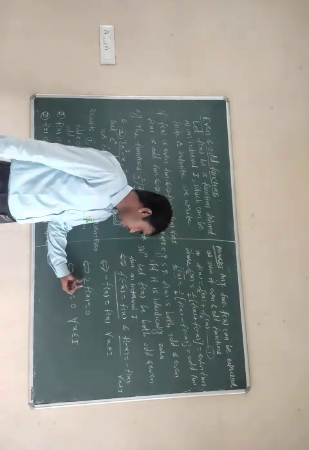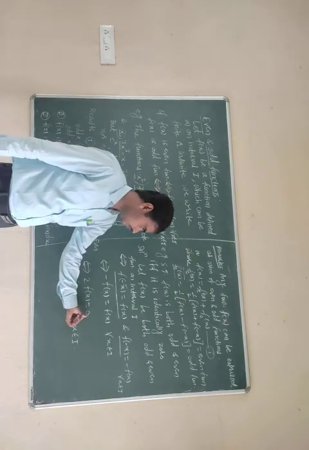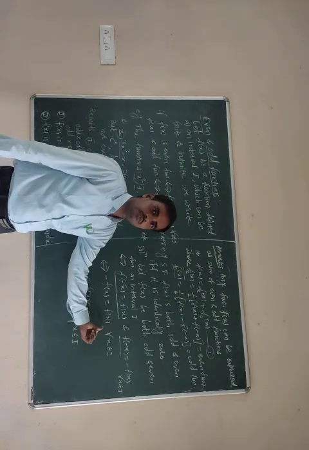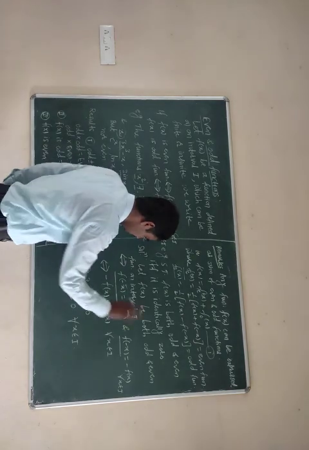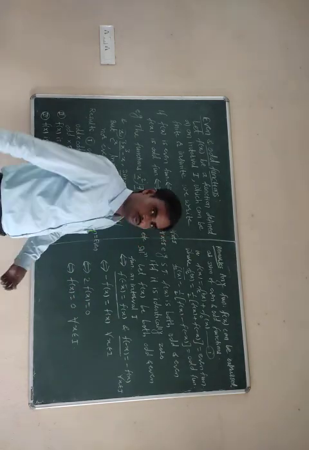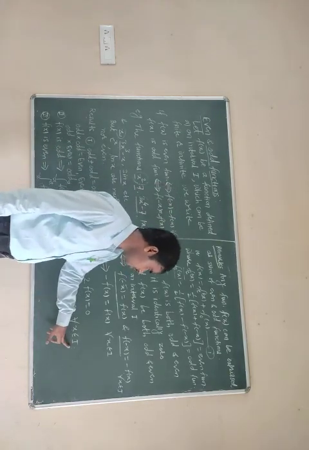You will get 2 times f of x equals 0. This 2 goes to the right hand side, you will get 0 divided by 2, which is 0. So f of x equals 0 for all x belonging to I.